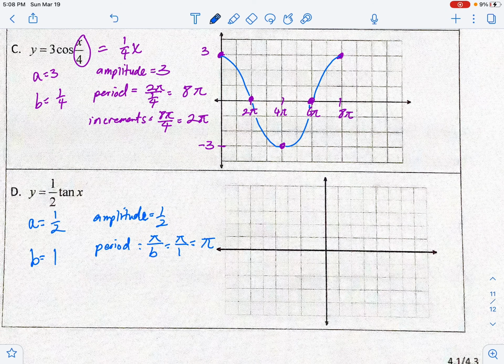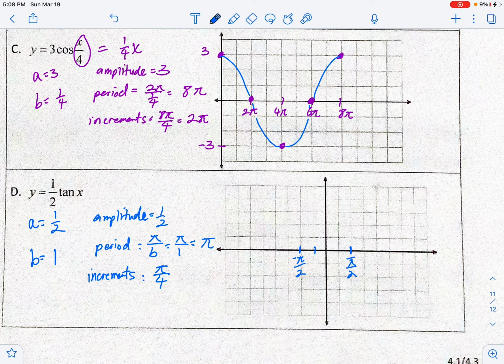Again, my increments will be split up into 4 parts. So I'm going to take pi, and I'm going to divide it by 4 to just get pi over 4. Right? Now, like I said before, the period of tangent starts at negative pi over 2 and works its way all the way to pi over 2.